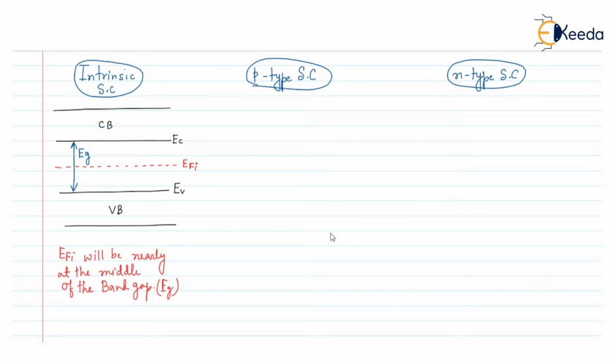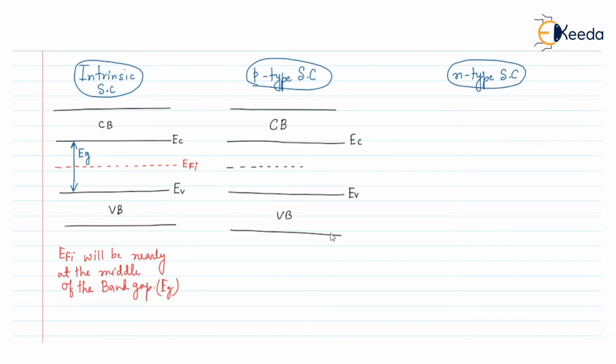For the p-type semiconductor, there will similarly be a conduction band. This is the conduction band and this is the valence band. This energy level is EV, this is EC, and we can define that this is the middle of the band gap.